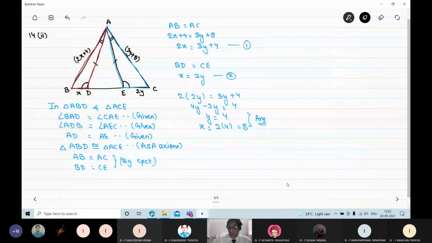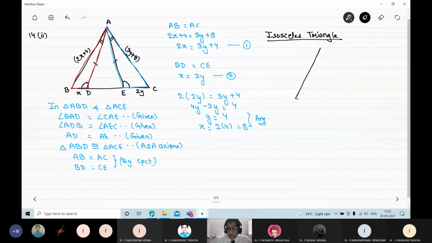Good. So now we move to our next part, which is isosceles triangle. We have already seen that an isosceles triangle is a triangle wherein the two sides are equal. And we also discussed that because the two sides are equal, the angles opposite the equal sides are also equal.